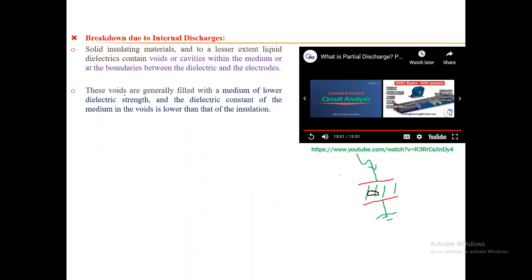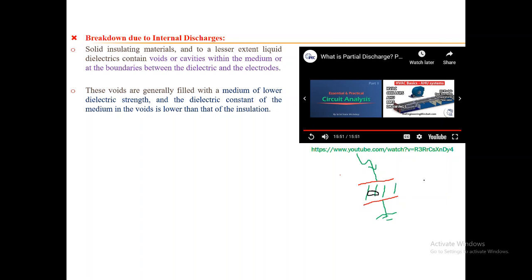So these voids are generally filled with a medium of low dielectric strength, and of course the dielectric constant of the medium in the void is lower than that of the actual dielectric material. So here I have considered air as a void.